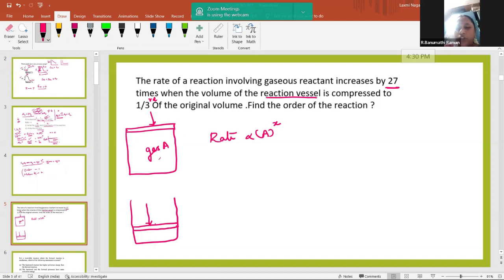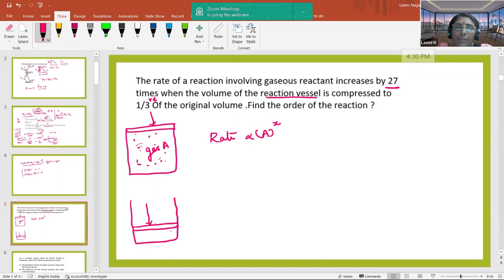The amount remains the same, but the concentration changes. The concentration increased, and that is why the rate increased. The gas that was spread across this volume is now compressed to 1/3 of the original volume. If the molecules were far apart before, they are now close enough to interact.